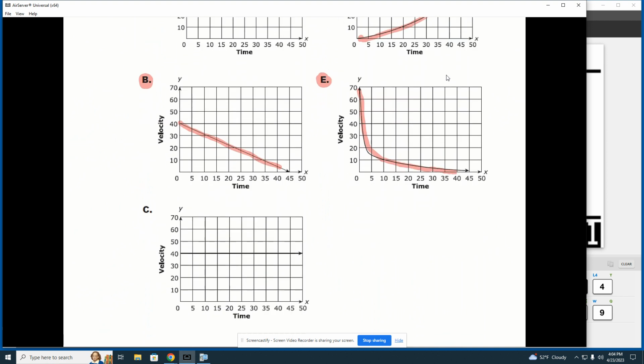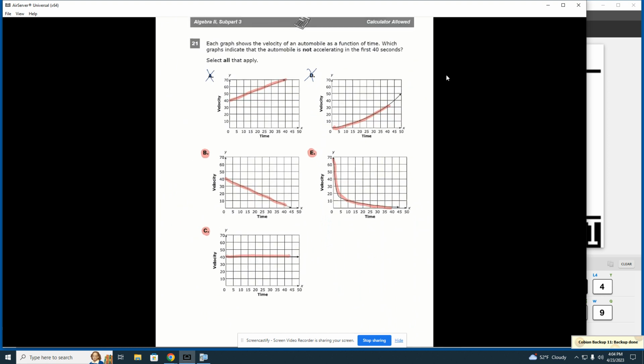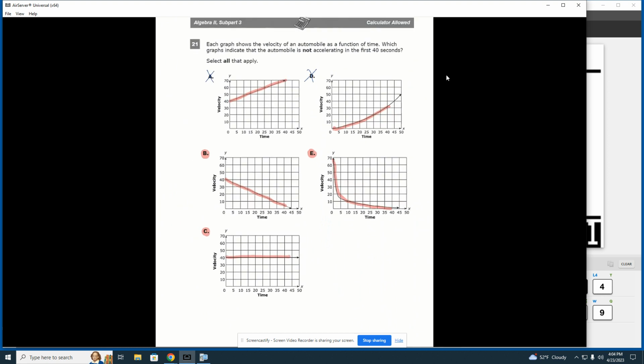And then finally, C, well, it's not going up and it's not going down. So remember, is it accelerating? No. So it's not accelerating. So therefore, it is an answer. So here, your answers are B, C, and E. You just need to know terminology and how to look at a graph and figure out what it's saying.